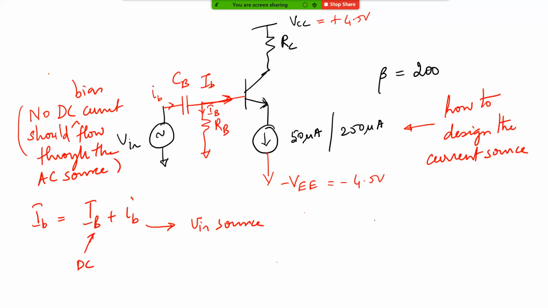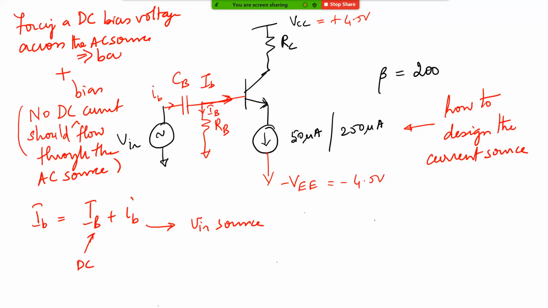This is one reason. Plus one more reason is, you will be forcing a DC bias voltage across the AC source.